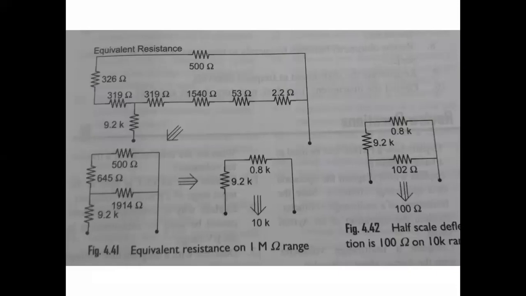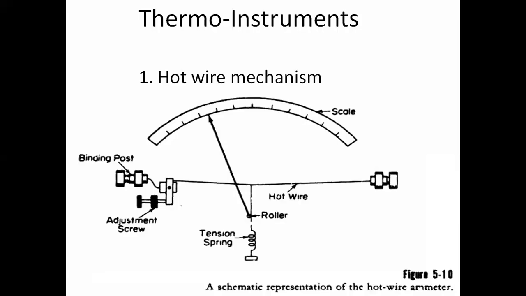So it is nothing but a multimeter, and the only difference is the circuitry. The common point is having a basic meter. The movement of the meter, or PMMC meter, or basic meter is the same, and the difference is the circuitry of each one. After that we discussed thermo instruments.